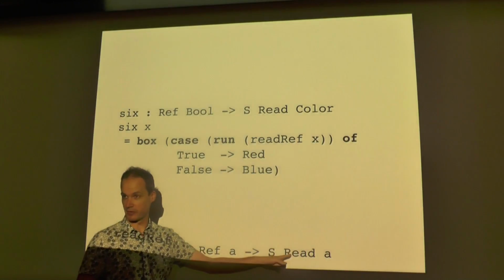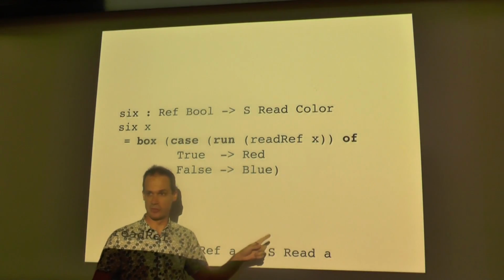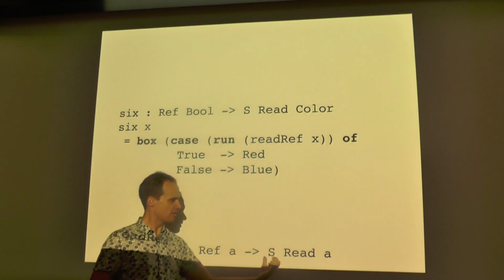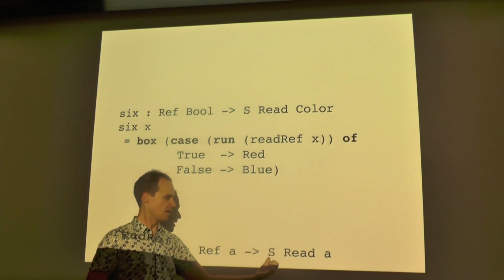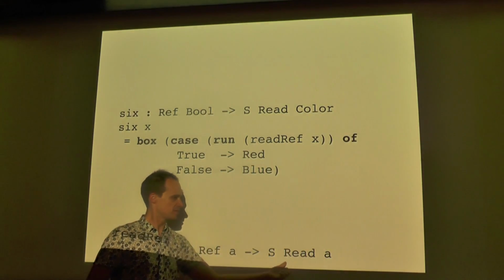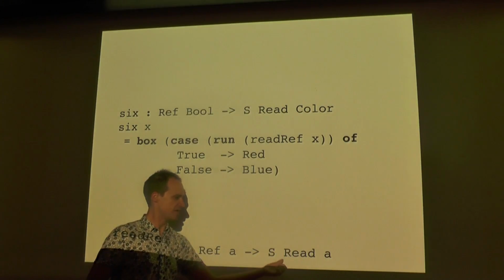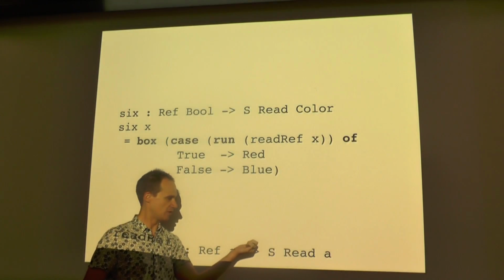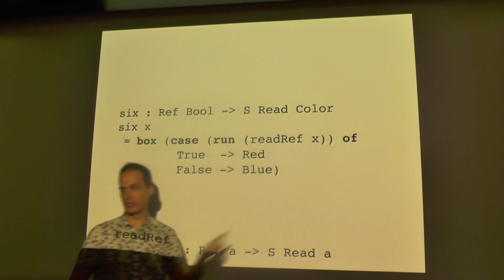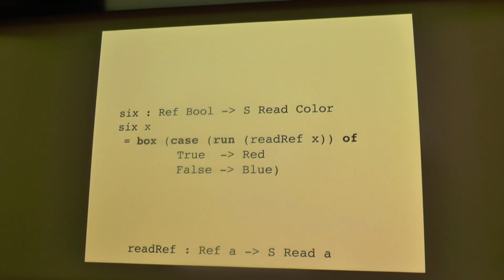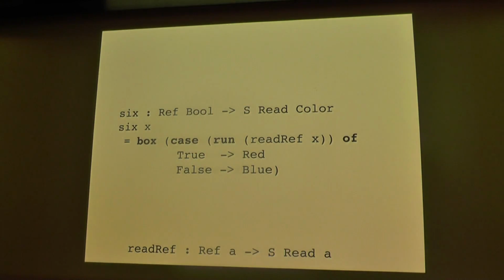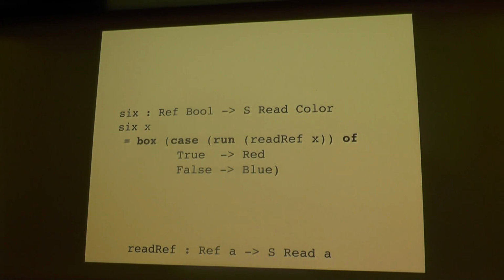It reads the heap, reads the reference, and then gives you an a thing. So this is much like IO, except it's indexed by the sort of effect which will happen when you run this computation. Okay? Everyone's cool with that? So S, imagine it means suspended computation or S for stent. Either of those work.